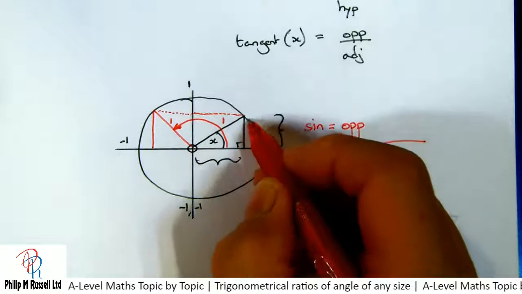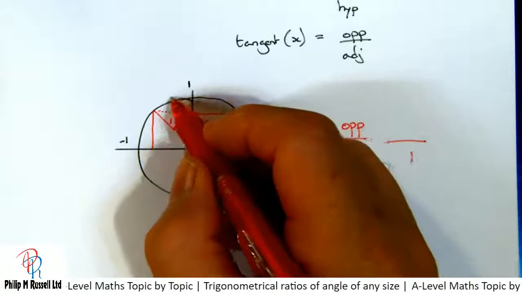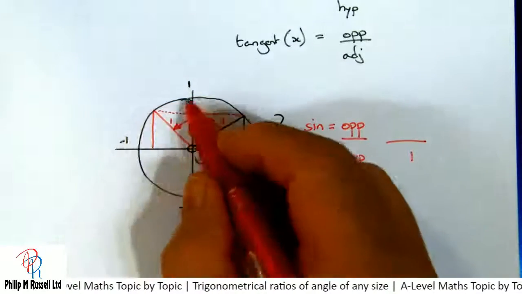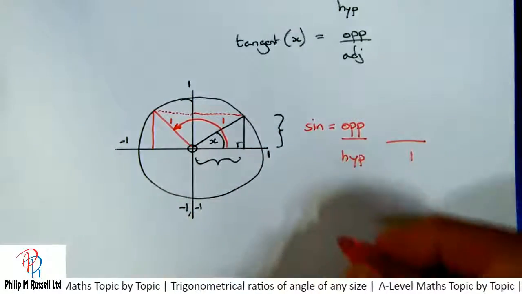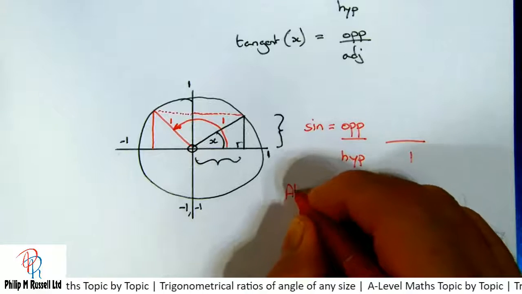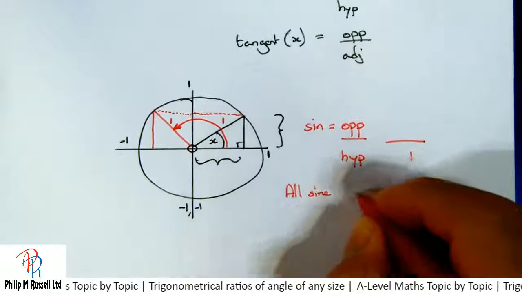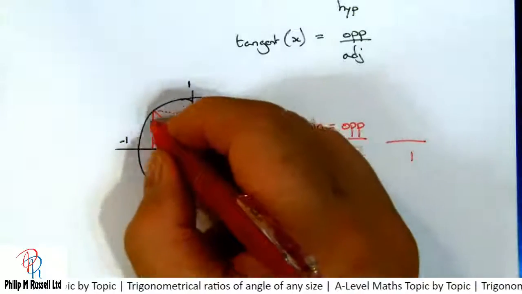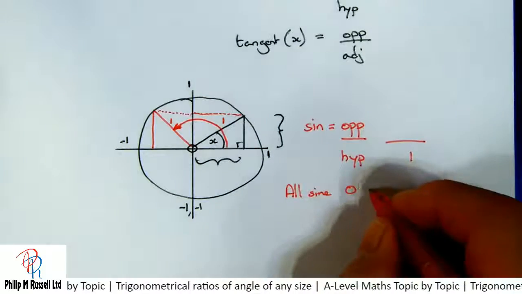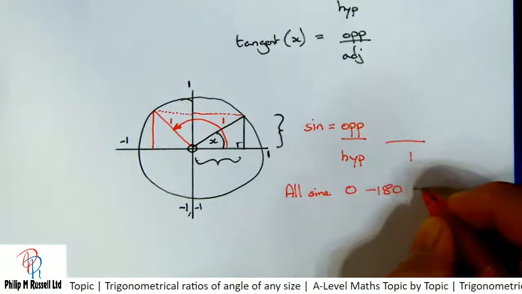It's going to go up and up and up, and then it's going to go down. It's still going to be positive. So all my values of sine from 0 right round to 180 are all going to be positive.